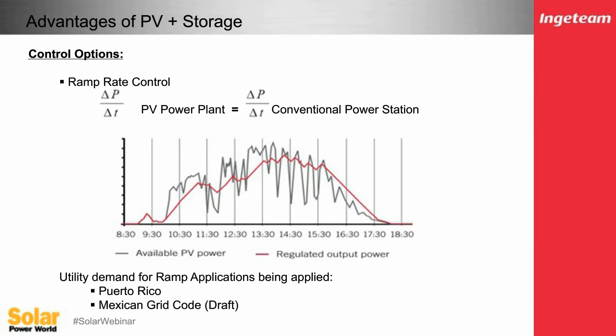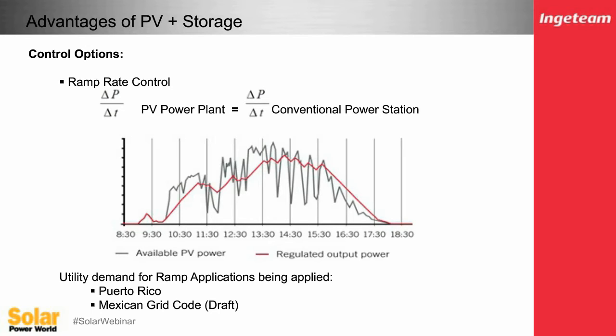Here is an example of a control option taking into account ramp rate control. It allows the grid operator to more smoothly integrate that generation source during the peaks and valleys of a PV system. There are utilities which have applied this on their grid system.